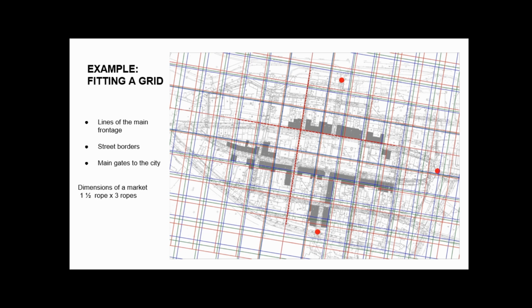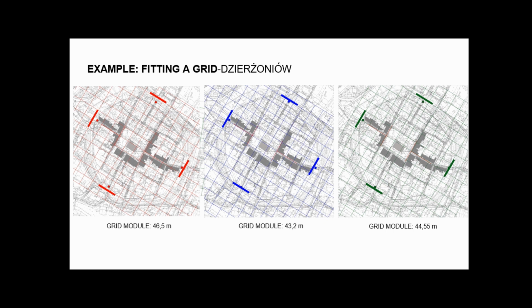And for the rest, we just have to observe which elements of the city fit to the grid or not. In some elements there are very small changes, but in others the difference shows that one of these grids fits more than another. The same thing we did in Dzierżoniów.